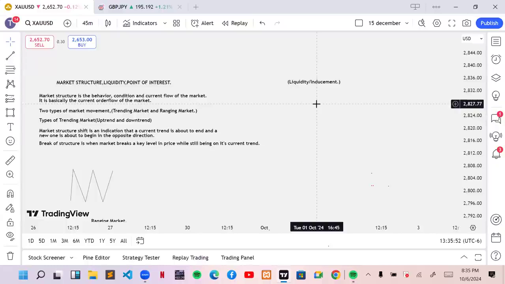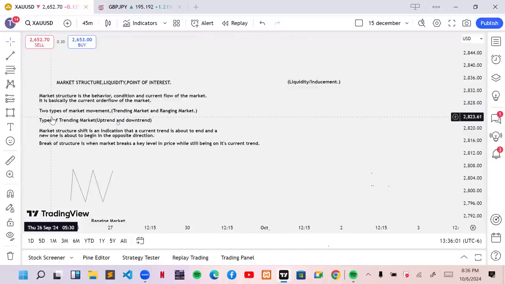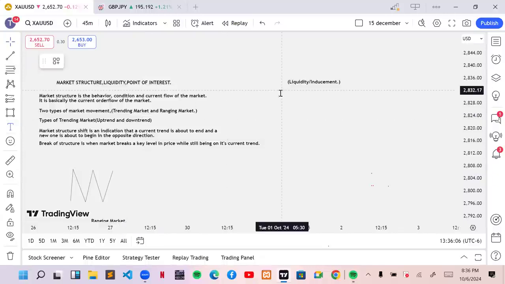It is my inducement. And inducement is the first valid pullback that price makes after a break of structure or a market structure shift. So after you've gotten a break of structure or a market structure shift, the first valid pullback that market makes. So liquidity slash inducement.